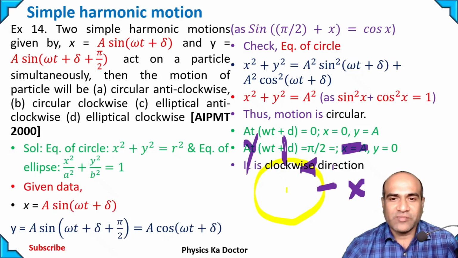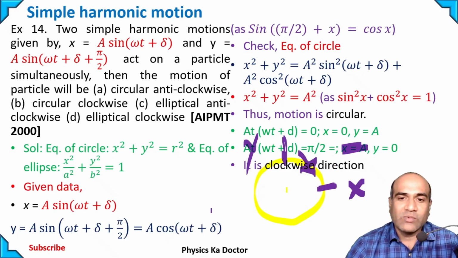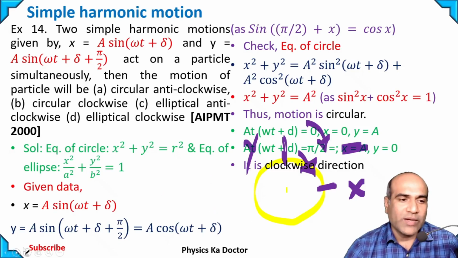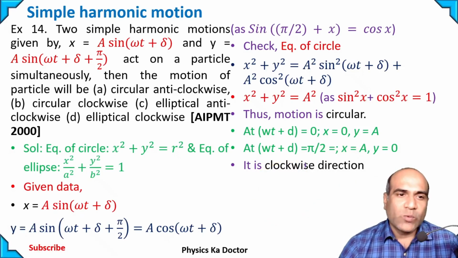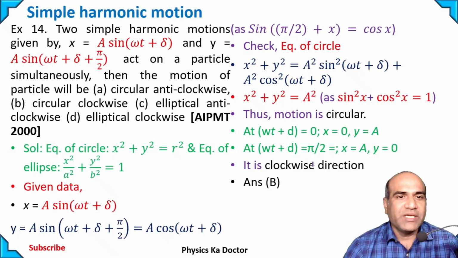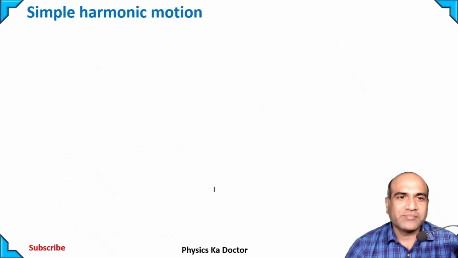Clockwise, the direction in which clock hands move. So it is clockwise. The answer is B, circular and clockwise. Yeah, good question.